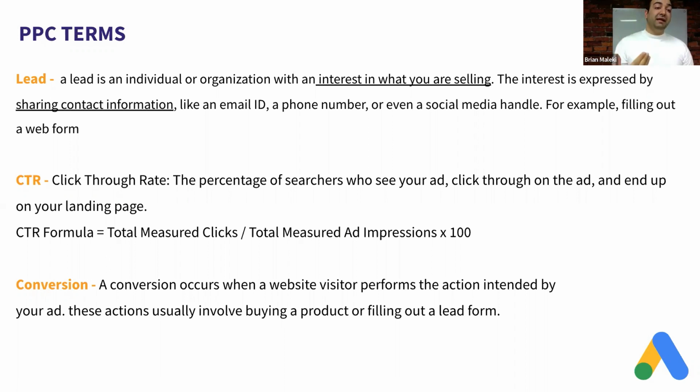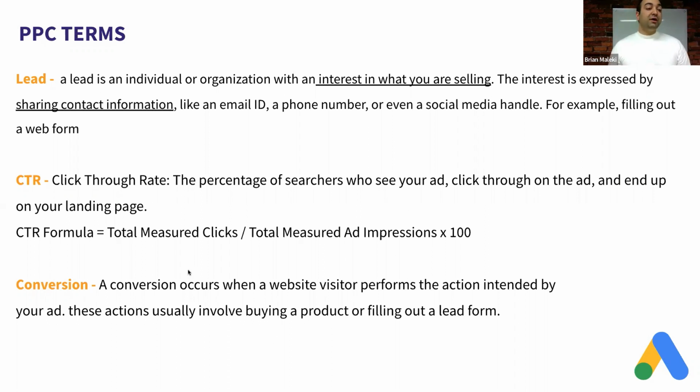We call them leads. And when we say lead generation campaign, actually we want to get more leads, more information, contact information from people who are interested in our product, service, okay?